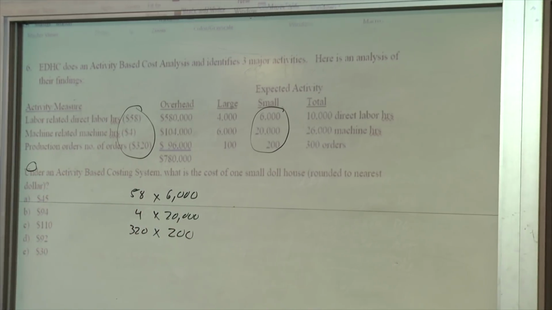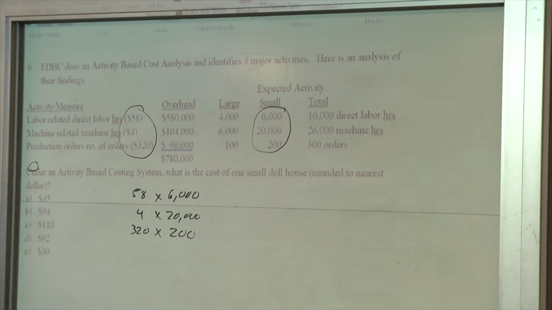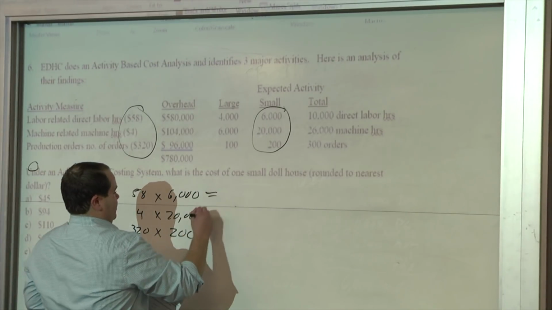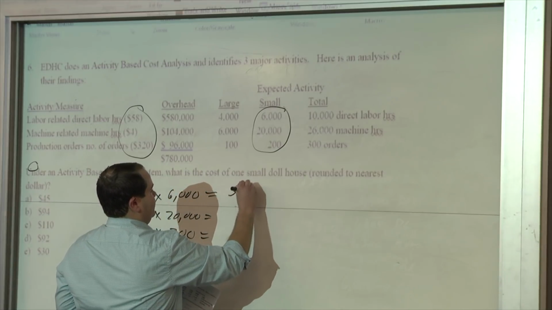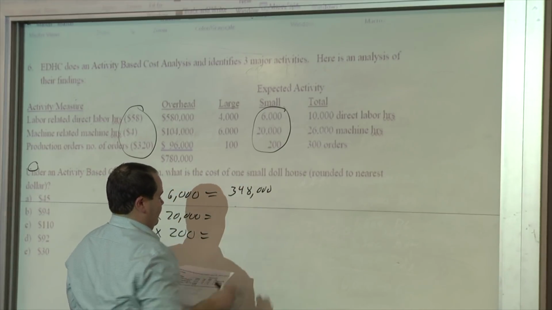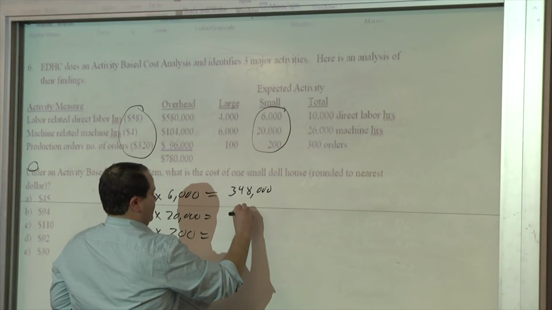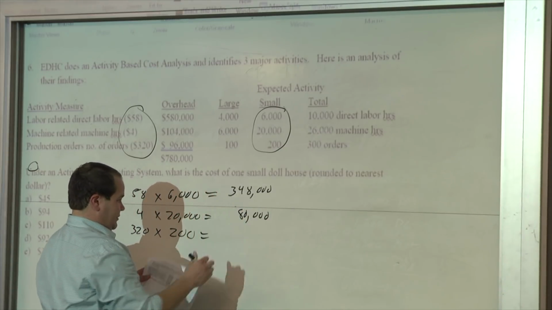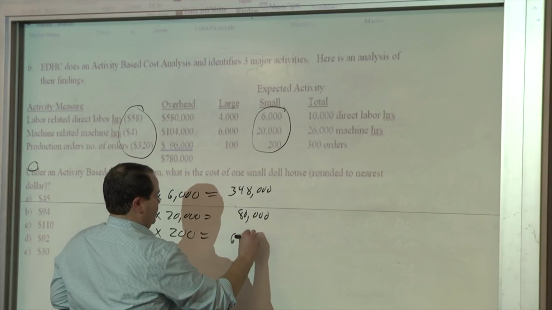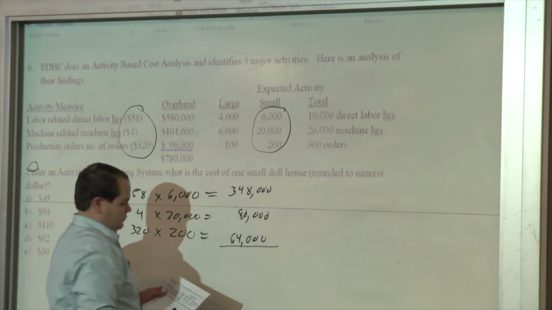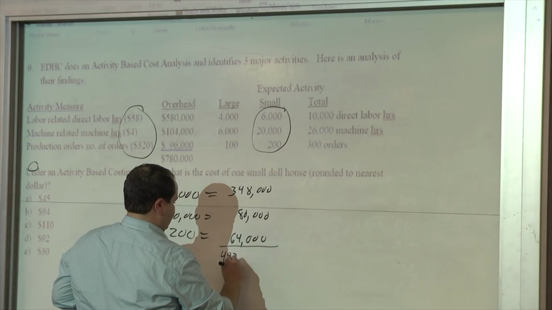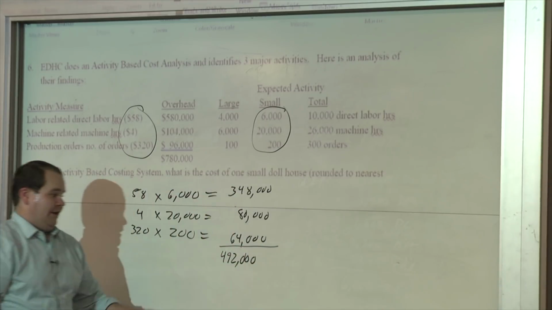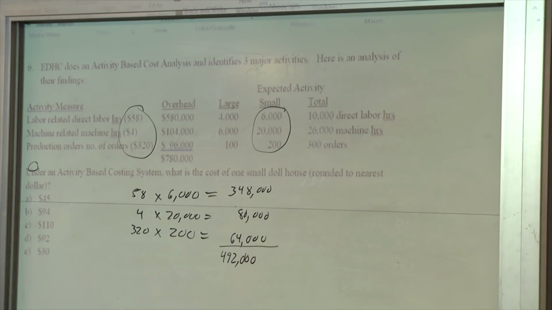So we're just going across this little chart they give us here. We get 300, 48,000, 80,000, and 64,000. If we add all those up, you get 492,000 in overhead associated with the activity for the small dollhouse.